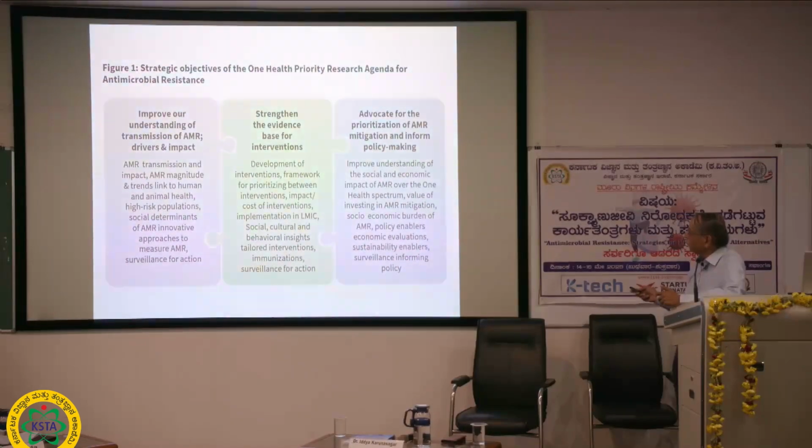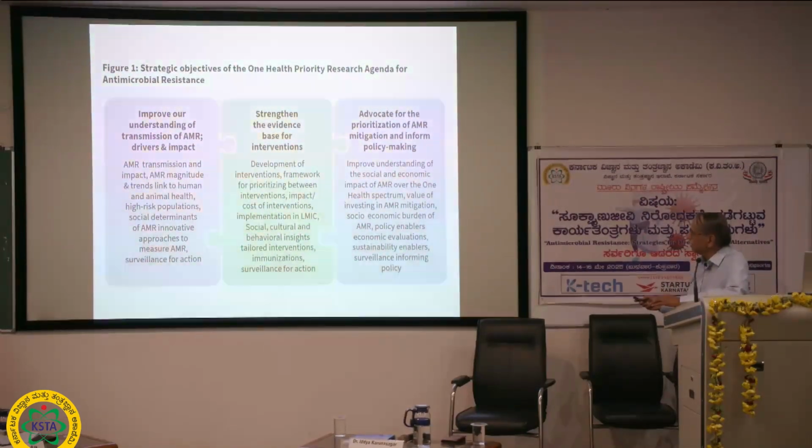And then advocate. Once you have the evidence, you may make interventions. So advocate for prioritization of AMR mitigation. So you need to control how to minimize AMR. As we have seen, it's not possible to totally eliminate AMR, but you are only thinking of mitigating or reducing AMR by various approaches.